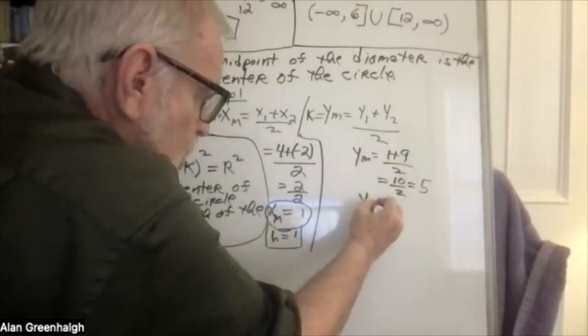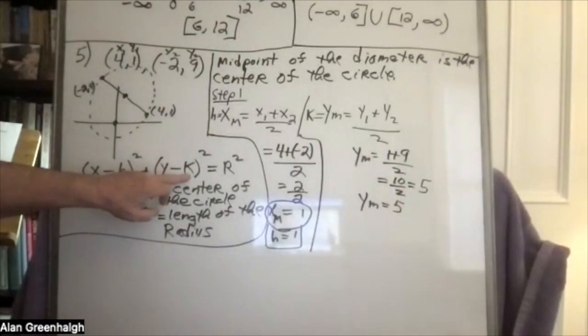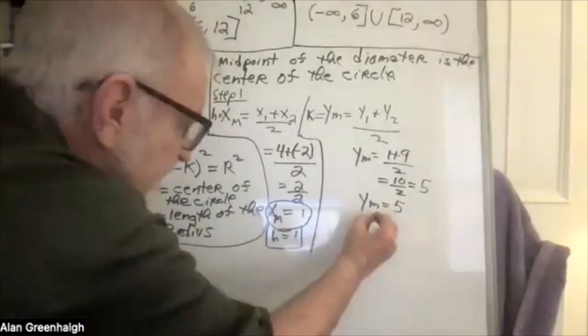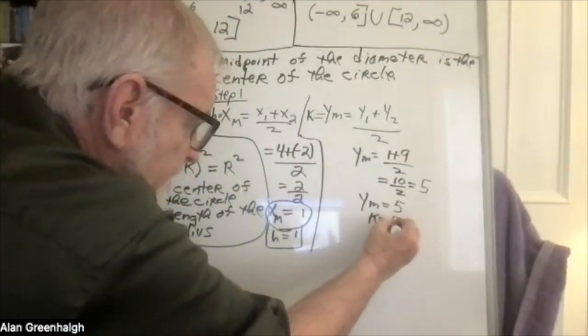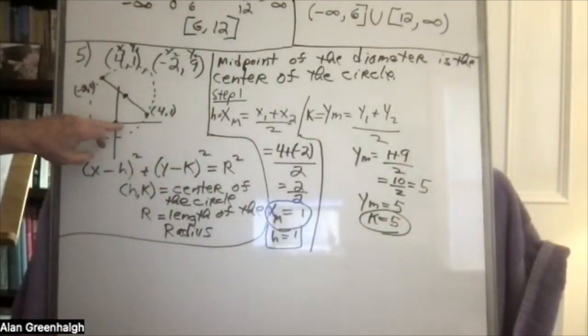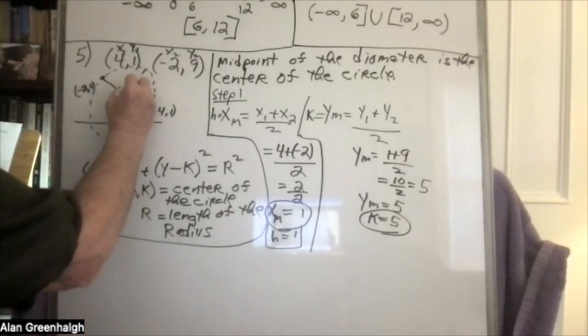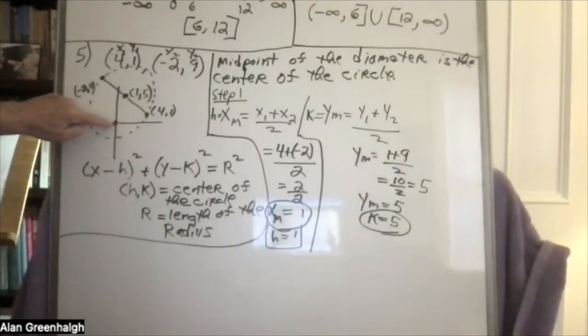So the y coordinate of the midpoint is 5, which means that k is equal to 5. Let's see if that makes sense. That looks like it could be, because here's 1, and we go up 5, so that makes sense.